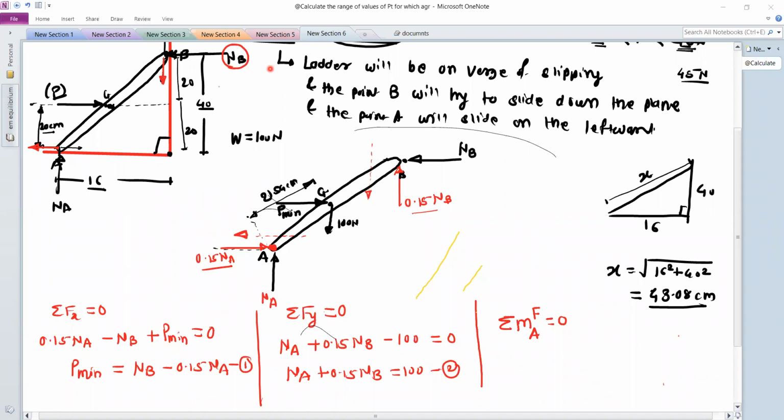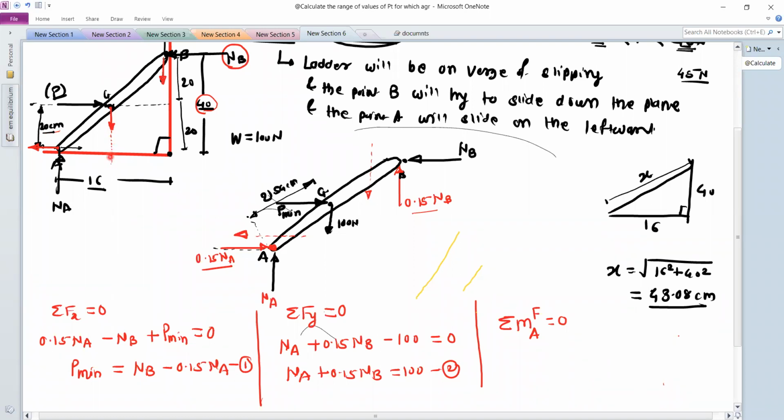For NB, the distance is 40 centimeter. For P minimum, the direct distance is given, which is 20 centimeter. But for this 100, which is the weight force, the distance is not given. So we have to find out this distance.